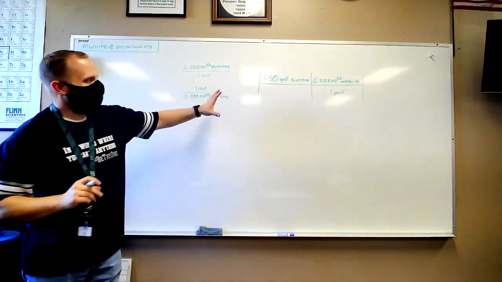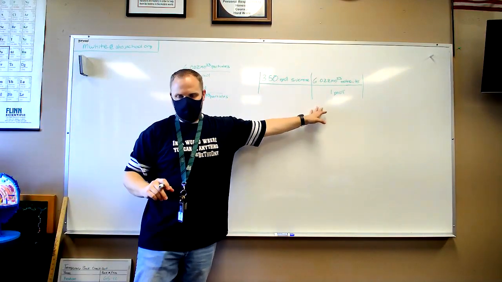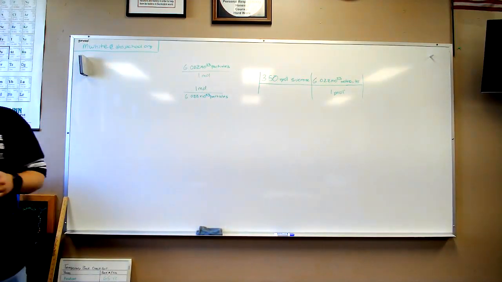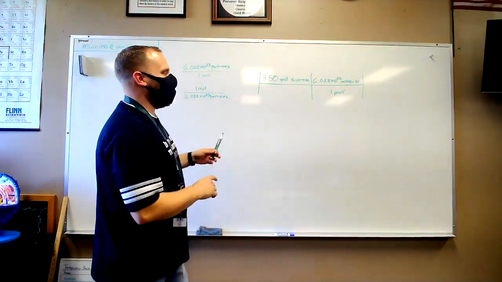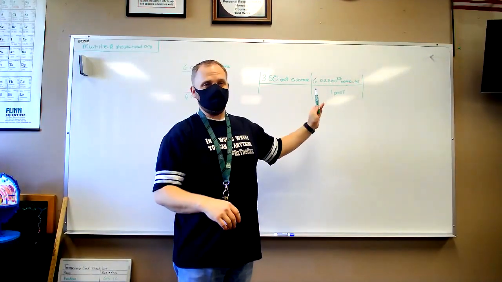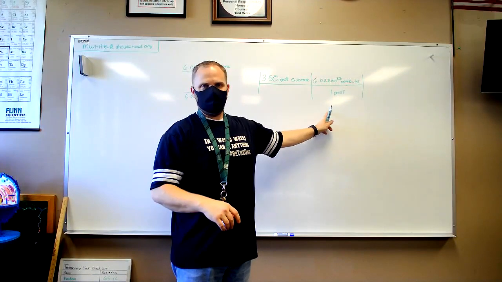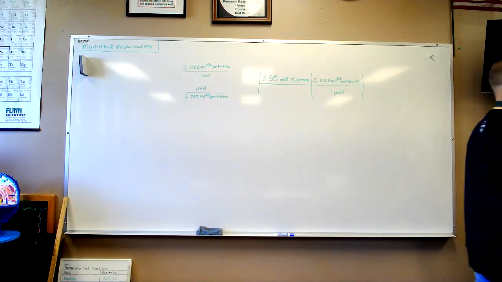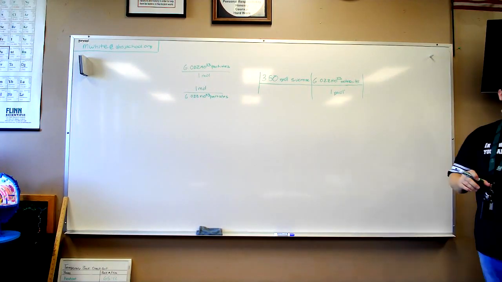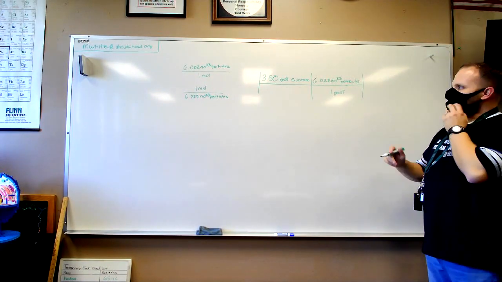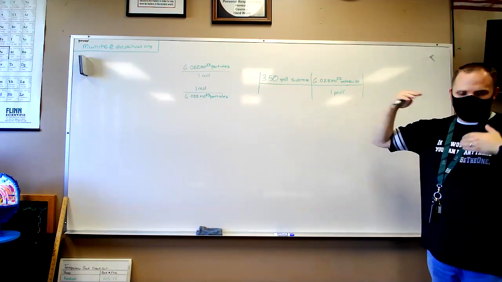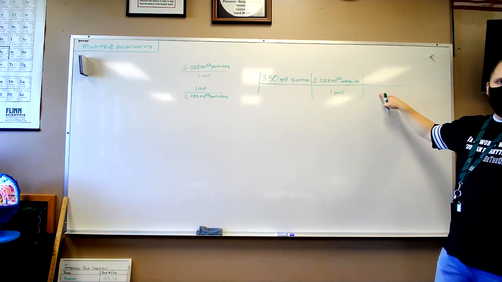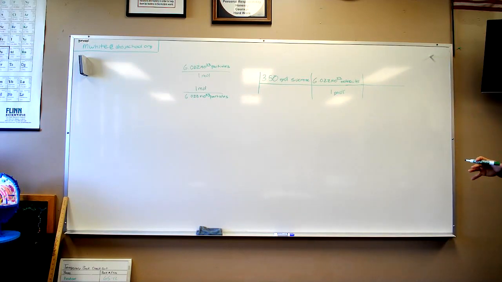The reason why I write this line is because as we go through, we are going to have problems that are not solved in one step. We're going to need 2 or even more conversion factors. And the reason why I like this is because I can throw another one right there and do all of my math all at once.